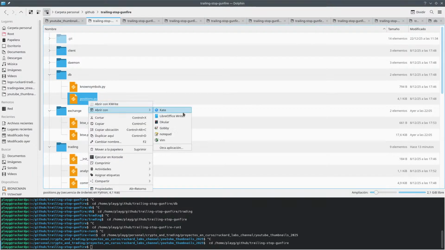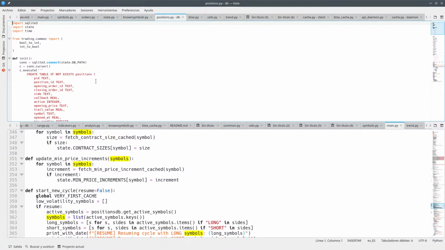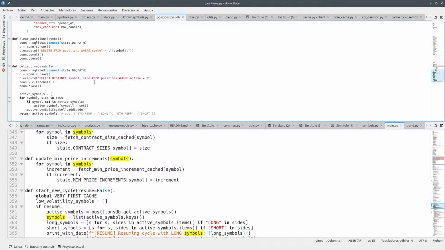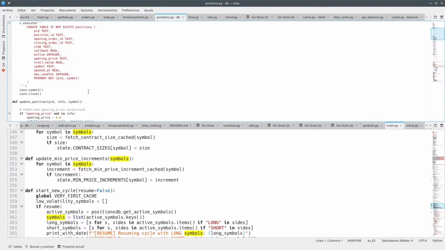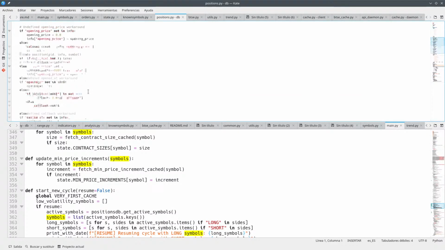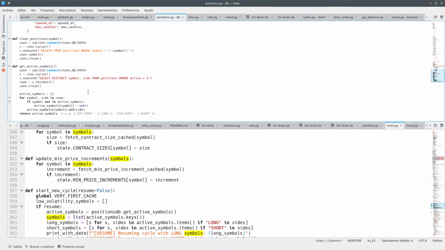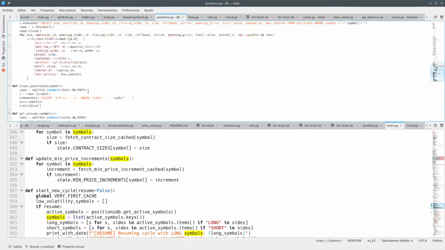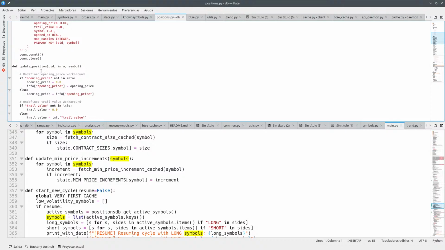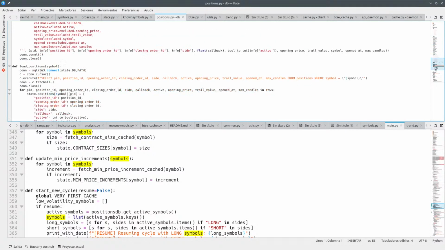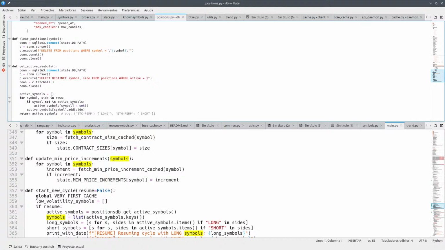So DB positions. Okay, so here we have positions, call update position, insert into load positions, clear, get active symbols. So this is going to be get active positions.